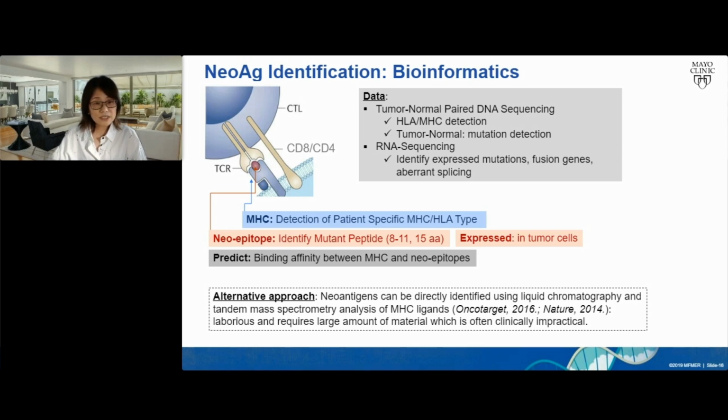First, patient-specific MHC is genotyped. Second, potential neopeptides from mutated proteins that are expressed in tumor cells are generated. And then bindings between MHC and neoepitopes are predicted.